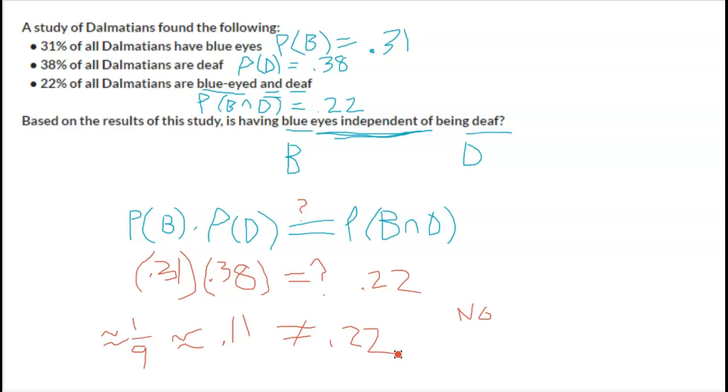So if they have one of those traits, the other one is more likely. More likely, because the 0.22 is larger than the 0.11. That's not generally what they're going to ask. They're just going to ask, is it independent? But you can actually learn a little bit more than just whether it's independent or not.